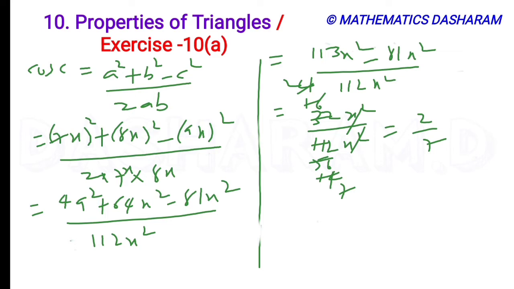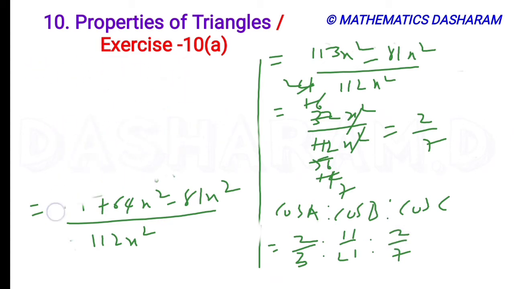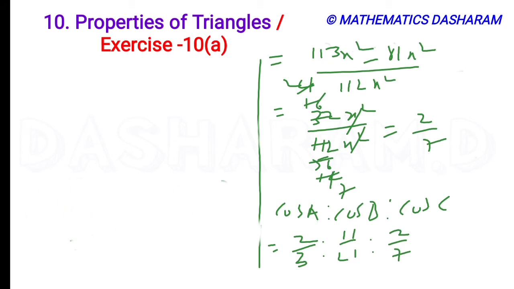So that is cos A : cos B : cos C. Cos A value 2 by 3 : cos B value 11 by 21 : cos C value 2 by 7. Let's multiply each term with 21 to cancel the denominator.